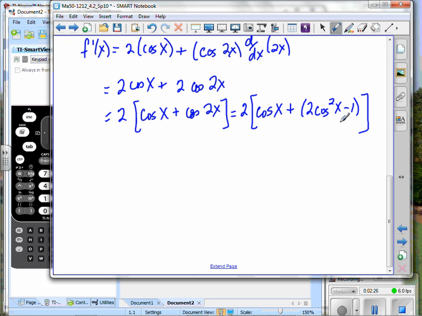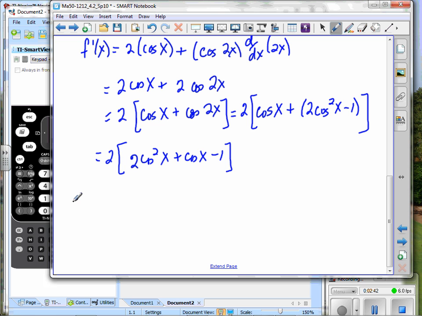Okay, so now let's see. I have 2, and inside here I have 2 cosine squared x. I'm rearranging these for a purpose, plus cosine x minus 1.